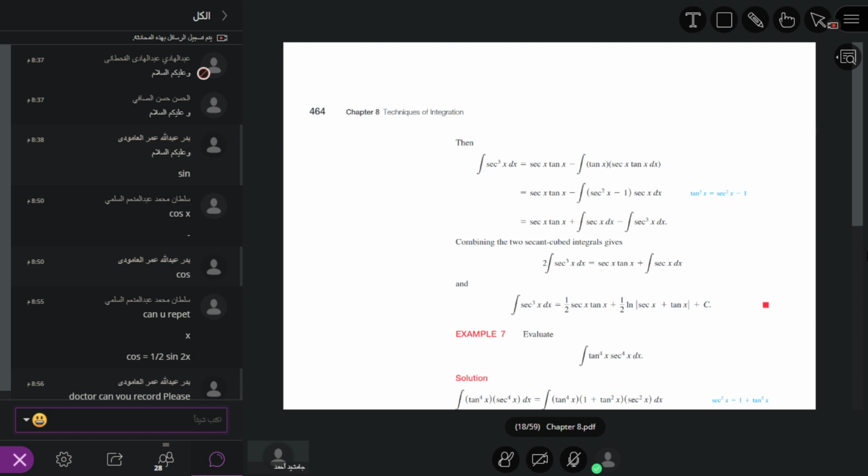We have in the question the integral of sine 3x cosine 5x. So how can we solve this?